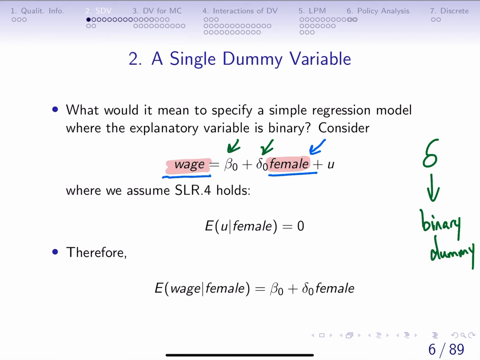Now, assuming that the zero unconditional mean assumption holds, we can write out the expected value of wages given this binary information on gender as this.